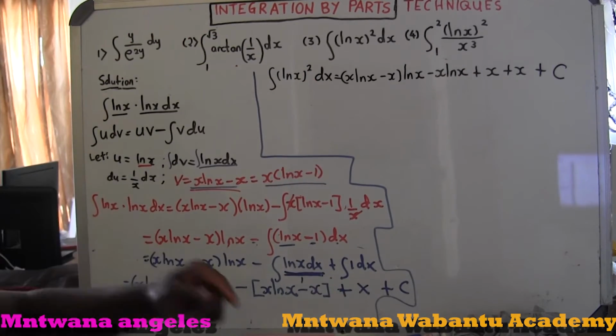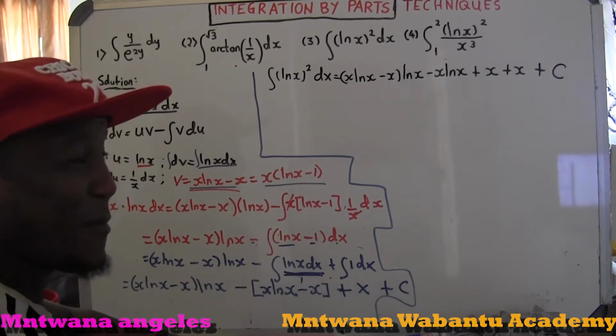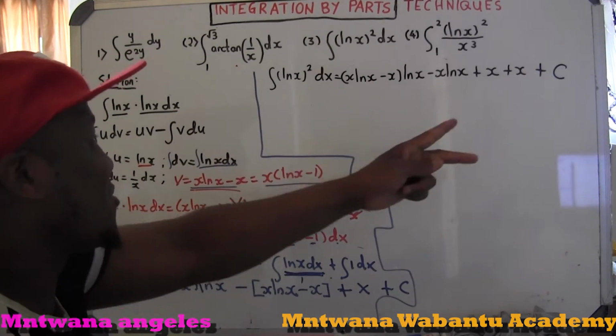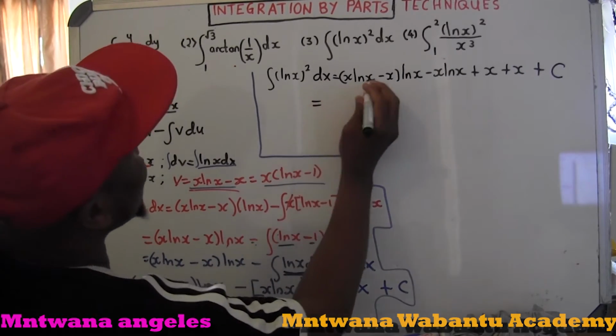We add a constant because we don't have a limit. So finally we're done with the question.